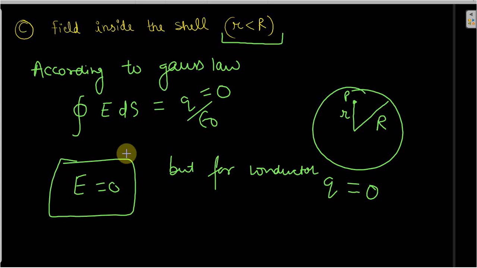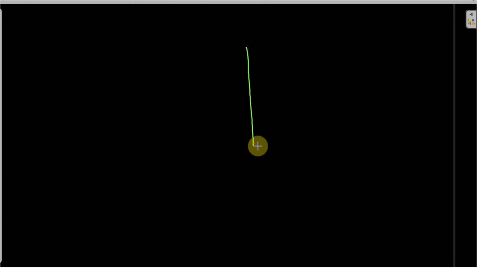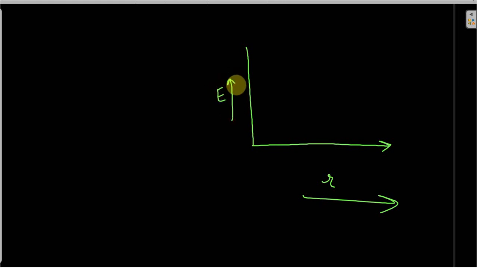Now we will draw the graph for these three situations: first, when the charge is on the sphere and you have to find the electric field inside, then outside, and the third case is on the surface, the maximum case. So how will you draw? You will take the distance r on one axis and the electric field on the other, and here is the origin.